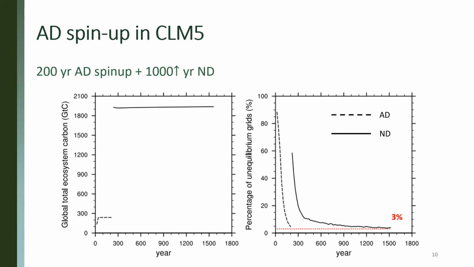As you can see, after a 200 year AD spin-up phase, total ecosystem carbon reached the steady state quickly. But the unbalanced grid cells decrease slowly, especially there are always more than 3% of grid cells staying unbalanced after 1,500 years. Remember that our historical simulation only needs at most 300 years, so the AD method also becomes expensive for some grid cells.